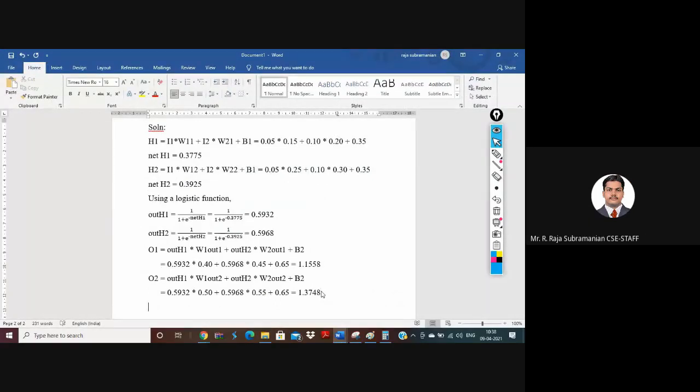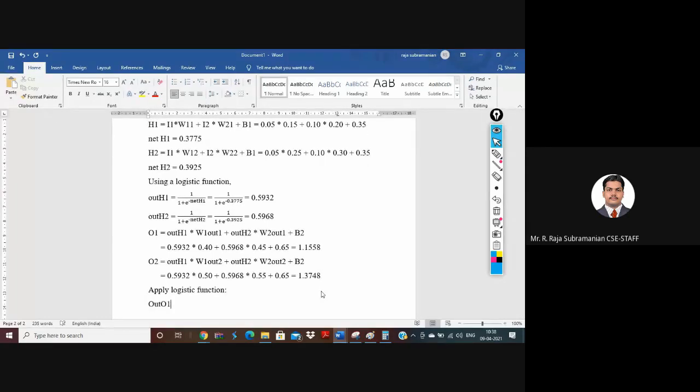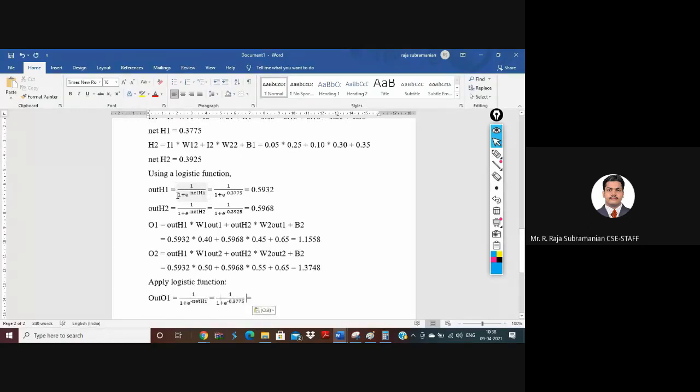1.3748. Okay. Now again apply the logistic function. Apply the logistic function for the O1 value and find the final O1 value. Out O1 is equal to 1 divided by 1 plus e power minus O1. That is the final output of O1. So apply the logistic function and find the final O1 value by using the activation.